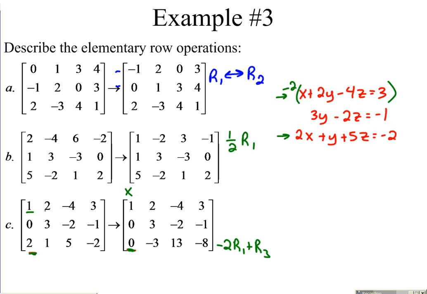Take -2 times 2 is -4. -4 plus 1 is -3. -2 times -4 is 8. 8 plus 5 is 13. And -6 minus 2 is -8. So we can see that that is what we are doing. We took -2 times equation 1, added it to equation 3, which in matrix terms, -2 times row 1 plus row 3.